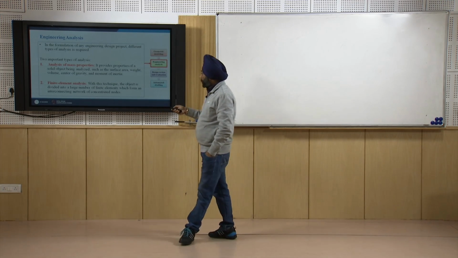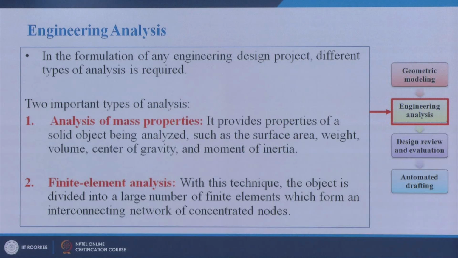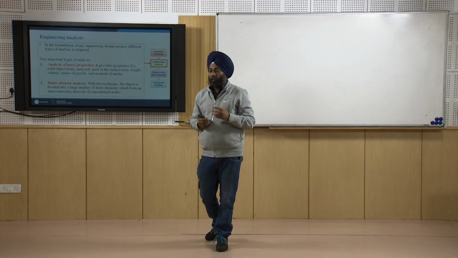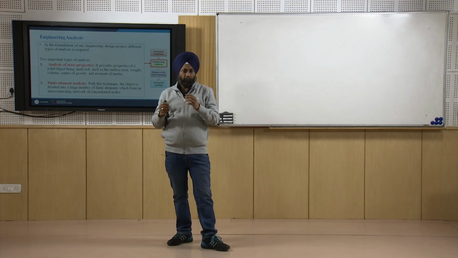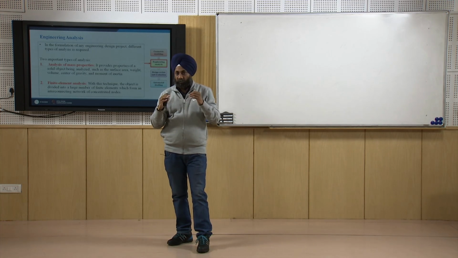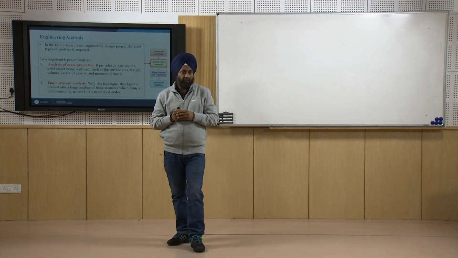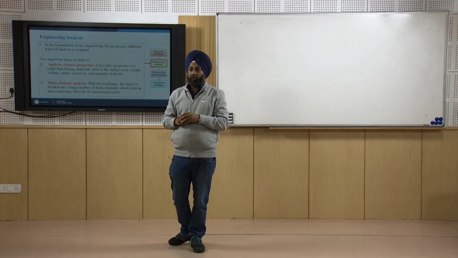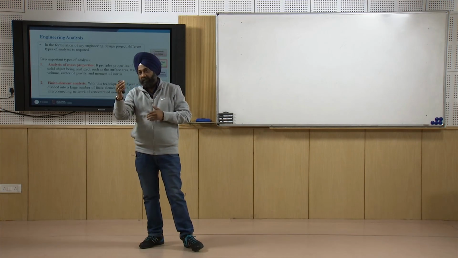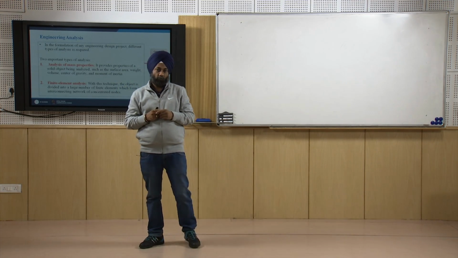So maybe we can compare the weight of the various designs, we can compare the surface area of the various designs. The software will give us the output of what is the surface area of this particular design. Now suppose we want to compare, as we know that the heat transfer is a function of the surface area, and we want to design a particular surface in order to minimize the heat transfer from that surface.